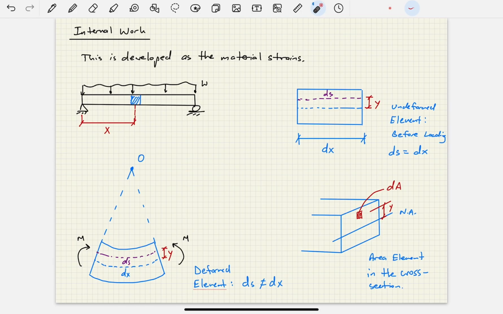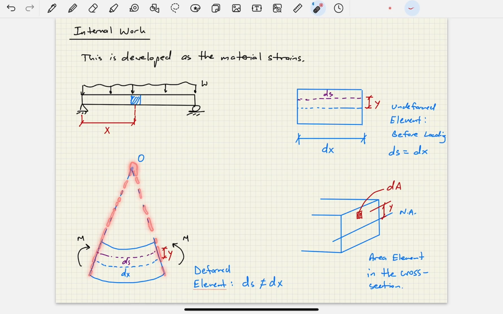And when you apply this load to the original beam up here, you develop these internal moments. We know how to get those internal moments from our knowledge of internal loading, okay? So what else develops here? Well, what I'm doing here is I'm projecting these deformed planes on the edge of the element up to this common point O up here, okay?